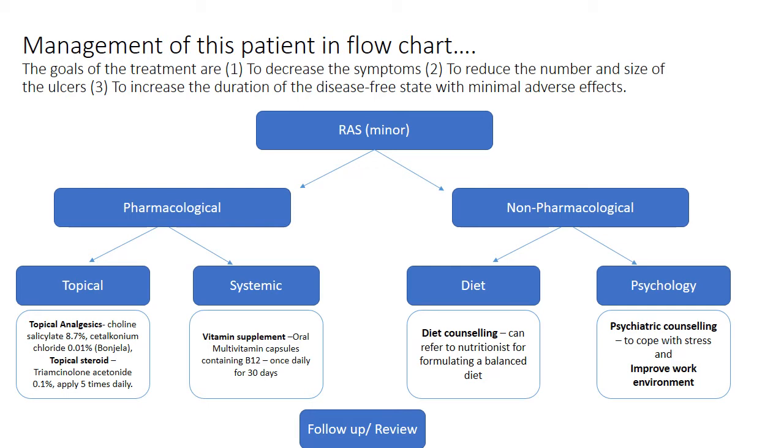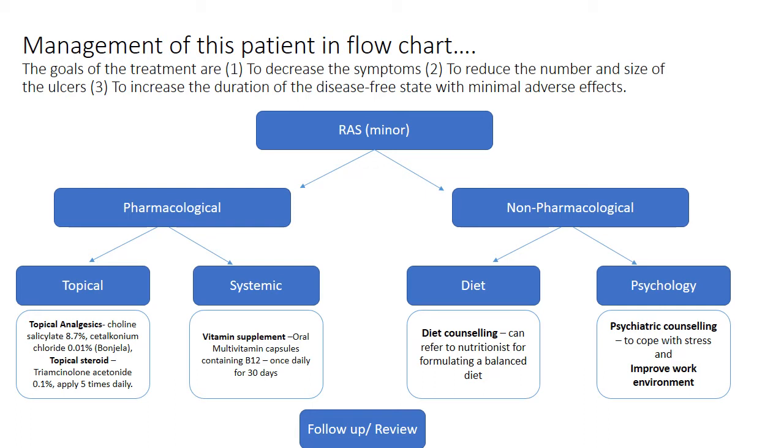But we do not delve into that right away, especially when you come up with a diagnosis such as recurrent aphthous stomatitis. We tend to treat them, and as we go along, we conduct investigations. We'll see how that goes when we see the flow chart of this treatment.